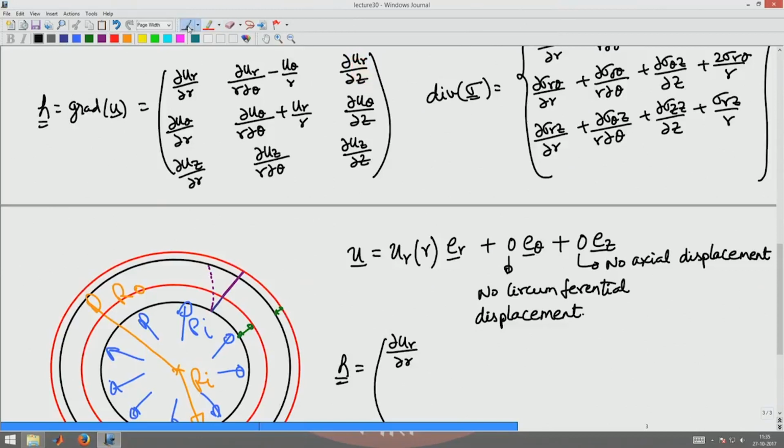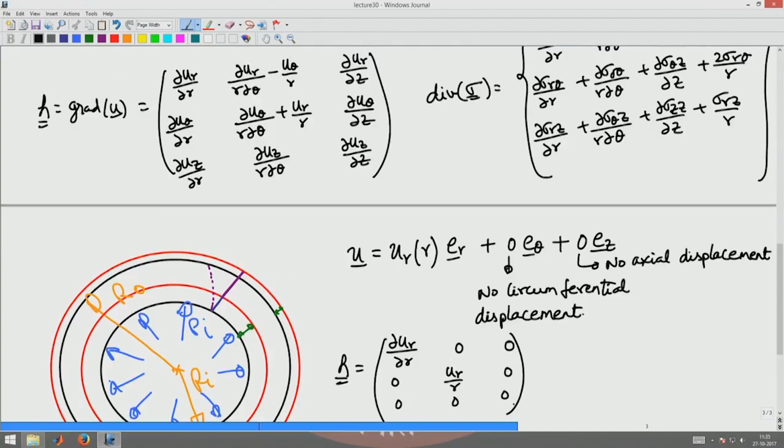Okay. So you have dou u r by dou r, 0, 0. All the remaining components except u r by r are 0 because there is no u theta and there is no u z in this problem. Okay. So you have 0, u of r by r, 0, 0, 0, 0.